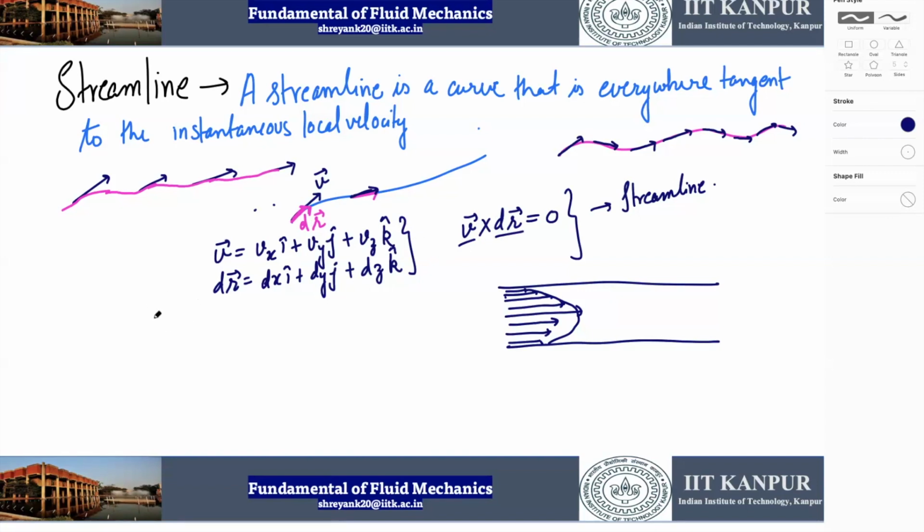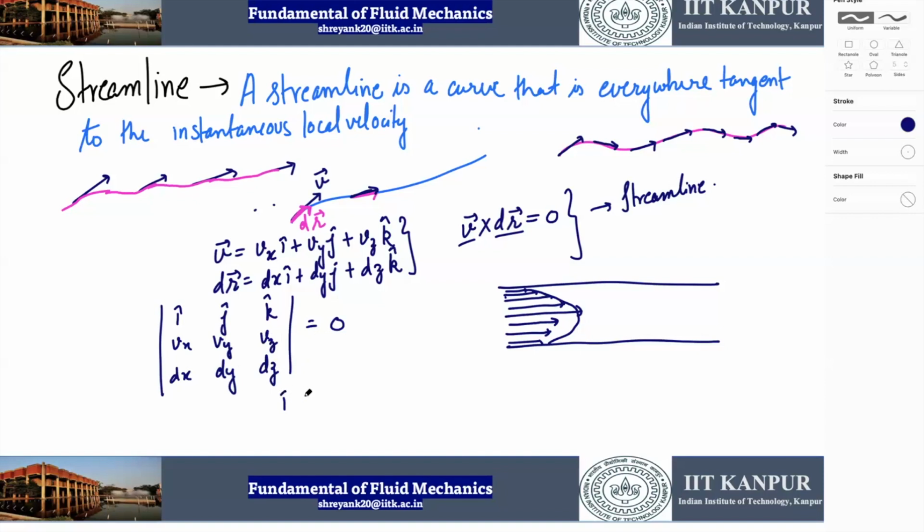We know the cross product is nothing but i cap, j cap, k cap; the determinant of this matrix, Vx, Vy, Vz and dx, dy, dz, should be equal to 0.